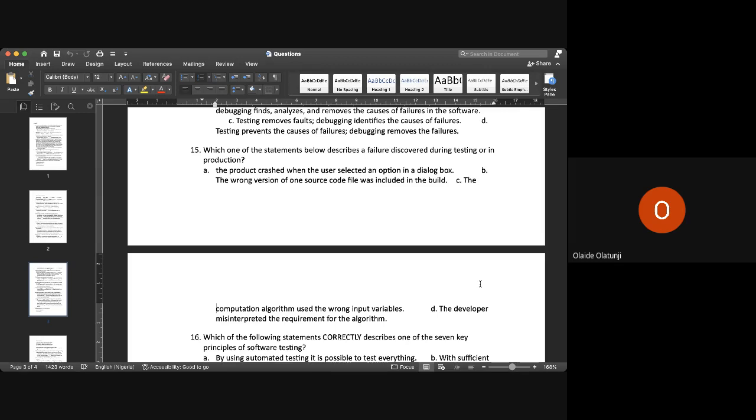So an error can lead to a defect because you obviously misinterpreted the document, the requirement, right? And you wrote something else, which in turn affects the software, the product. And you get defects. Now that defect can lead to failure.